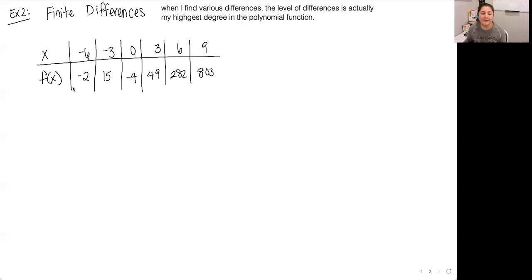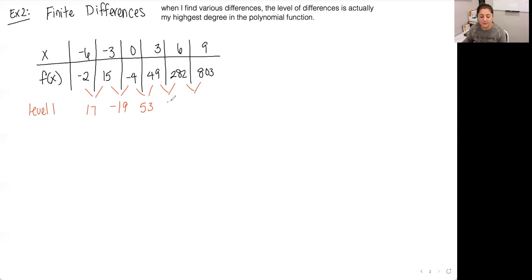Okay. So here's what we're going to do. We are going to take a look at level 1, a level 1 of differences. So I'm going to find the differences between each of these two numbers. To go from -2 to 15, how many jumps do I need to make on the number line? 17, right? Then to go from 15 to -4 is -19.